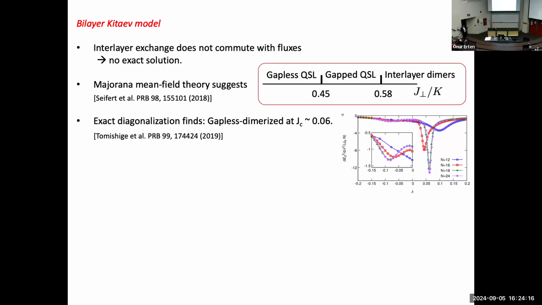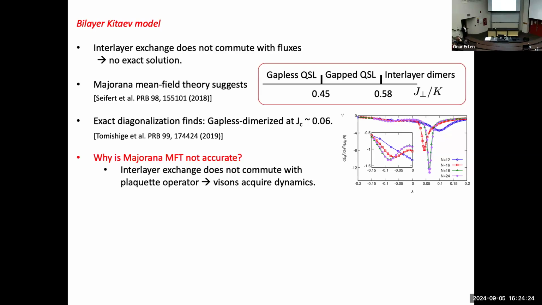You actually become a trivial dimer at an interlayer exchange that's about an order of magnitude smaller. Right? So we can conclude that the Majorana mean field theory is not very accurate in this case, because the moment you introduce this interlayer exchange, your fluxes, which were constants of motion, start to acquire dynamics and move around. And it turns out that that destroys the spin liquid much earlier than you can capture from the mean field theory.